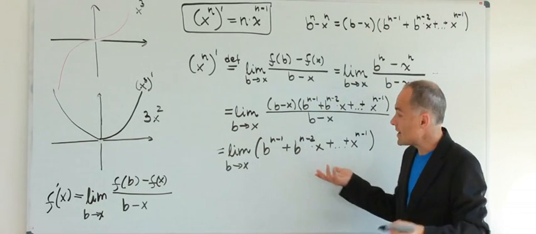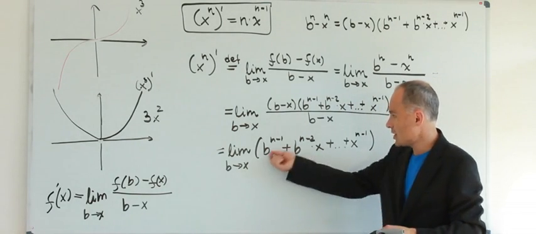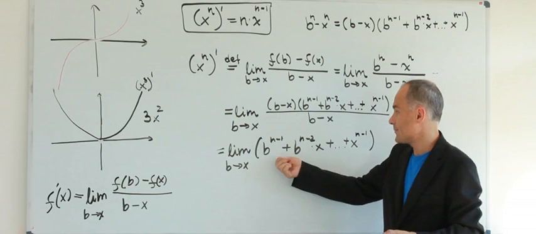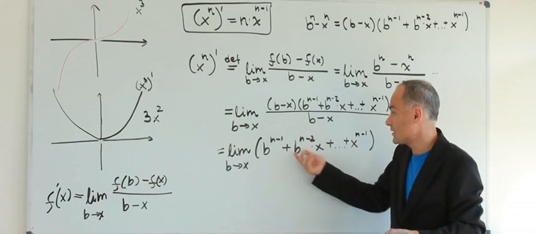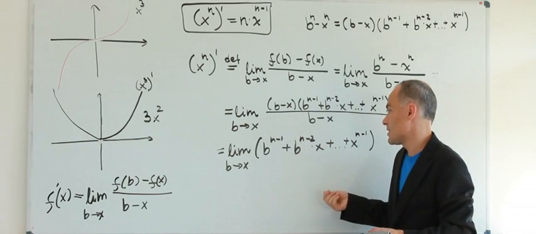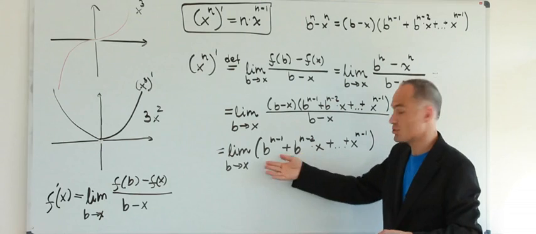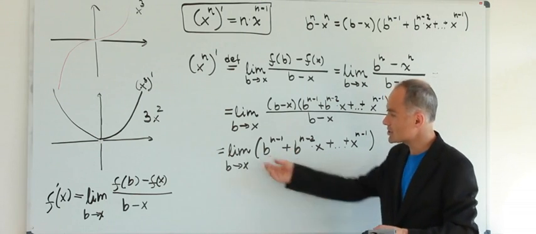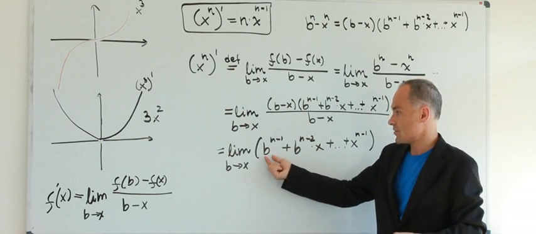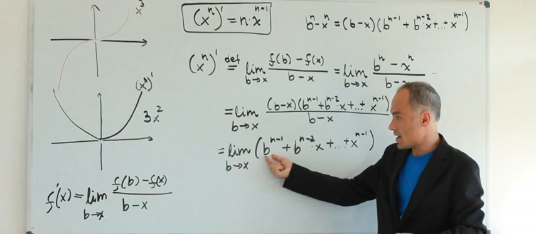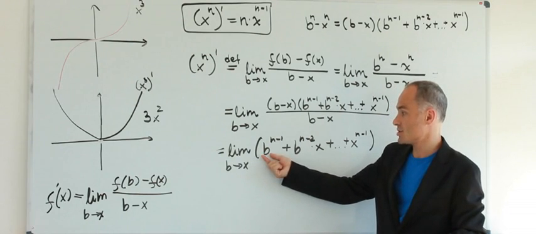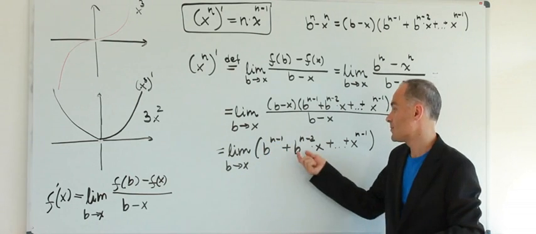Okay, now we have a summation. Each term has a limit. It's actually a polynomial in b, so I could just use a direct replacement rule or follow the limit laws. The limit of the first term as b approaches x is just x to the power n minus 1.